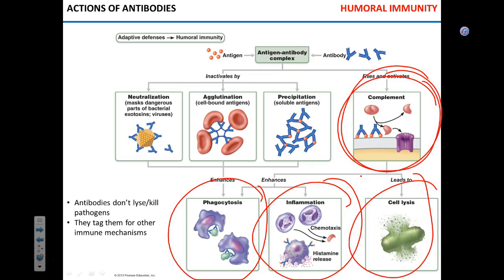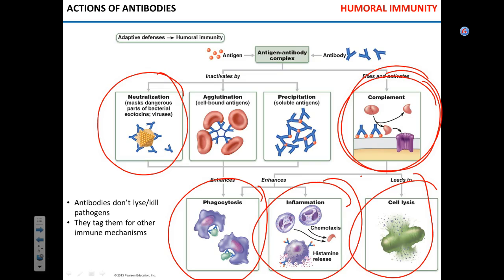What else can they do? They can bind to things like a virus and prevent it from doing anything. So they don't kill the virus, they don't disassemble the virus. But when the virus is surrounded by antibodies, it cannot infect because recognition of a receptor is totally blocked.